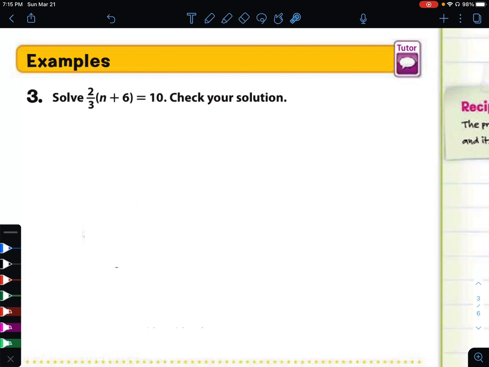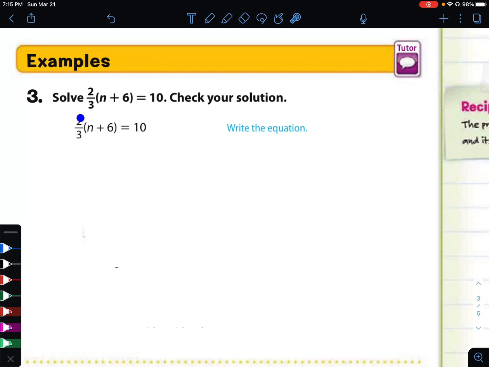In example number 3, we want to solve 2/3 times the quantity n plus 6 equals 10. First we copy the equation down. We need to undo 2/3. Remember, this is a multiplication equation, so we need to multiply both sides by the reciprocal of 2/3.